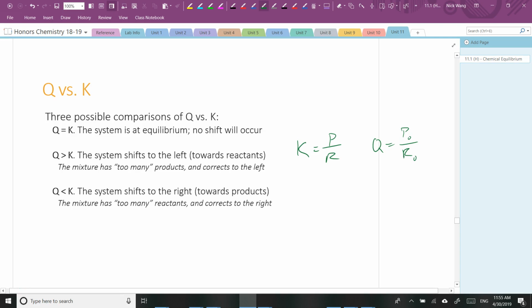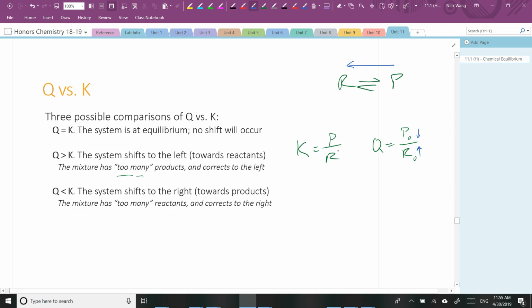This mixture has too many products. So what's this going to do? If it's a little bit too heavy on the right side, it's going to reestablish equilibrium by shifting towards the left, towards your reactants. That way, the products go down, the reactants go up, and then it gets closer to the equilibrium ratio.